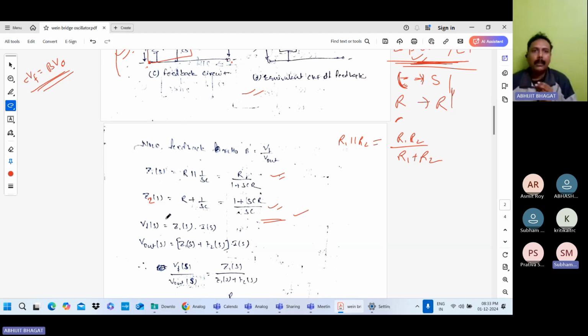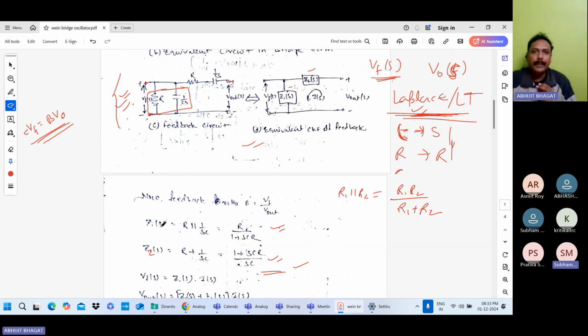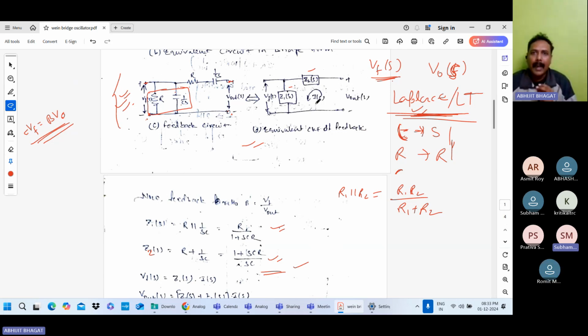Next, from this circuit you can see, suppose V out is the output voltage, and in this loop, the current flow is IS. Here the current in this circuit, suppose, goes out of positive and into negative, so this is the current direction IS. So IS is current flowing in this loop.